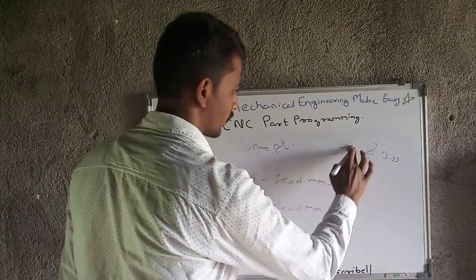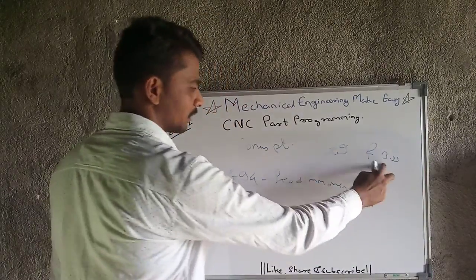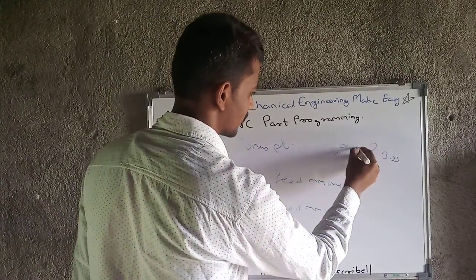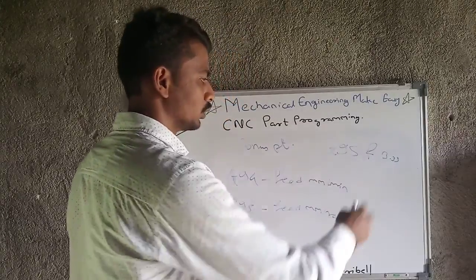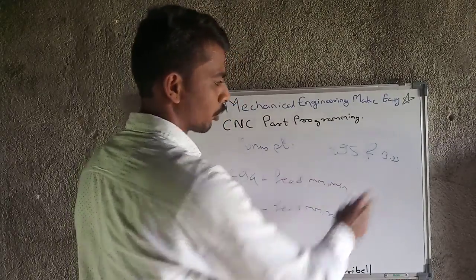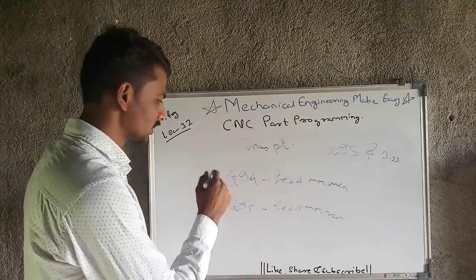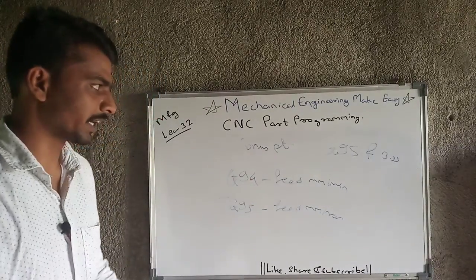Otherwise, if the value 3.33 is mm per revolution, then just replace 94 by 95, then G95 F 3.33, that is nothing but mm per revolution. This is the basic difference between G94 and G95.